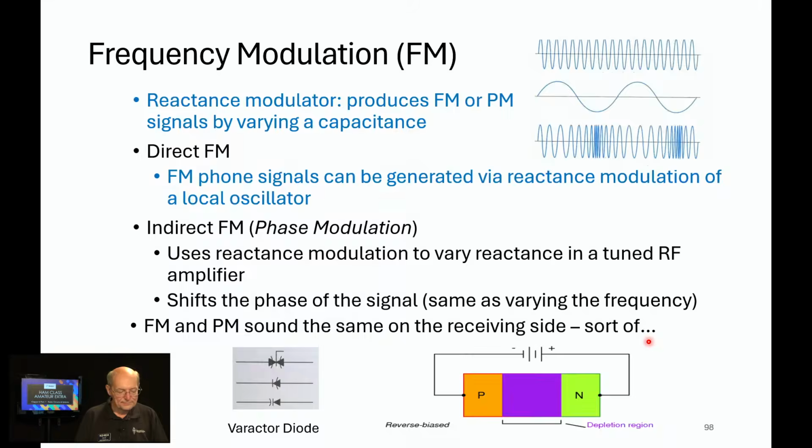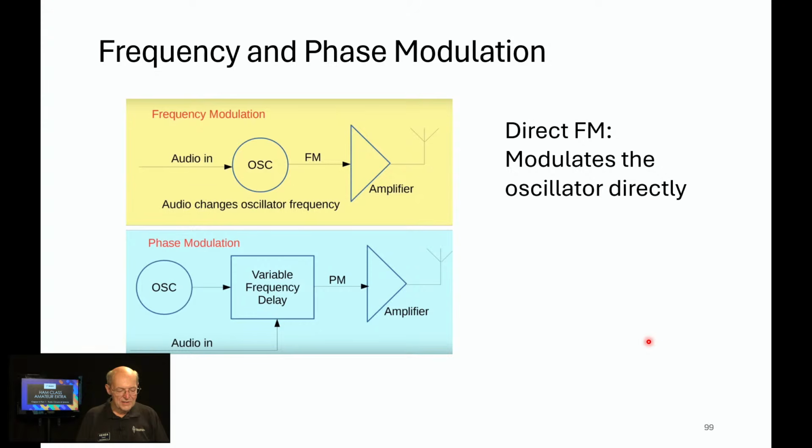We'll explain that. So here's a couple of diagrams from Kessler. He's got two flavors. He's got frequency modulation and phase modulation. Now, as I said, hopefully this will link it for you. Frequency modulation, we've got the audio directly changing the frequency of the oscillator itself, generating a frequency modulated signal, goes through an amplifier and out the antenna to your local repeater and talk to your friends.